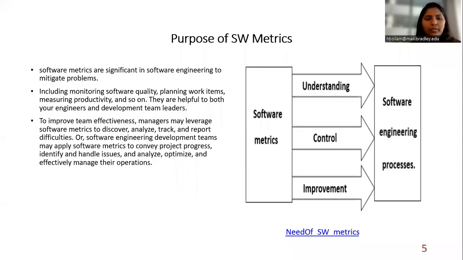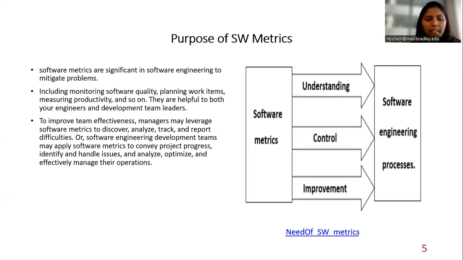Coming to the purpose, software metrics are used to mitigate problems, and these metrics cover well-being in all aspects, like software quality, planning work items, measuring productivity, and so on. Software engineering development teams may leverage software metrics to convey project progress, identify and handle issues, and analyze, track, and report their opportunities.